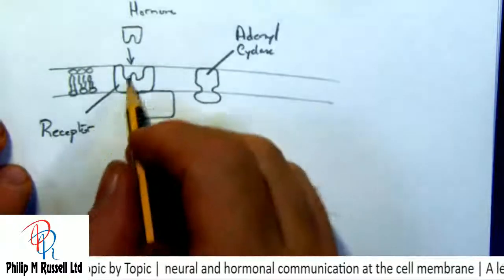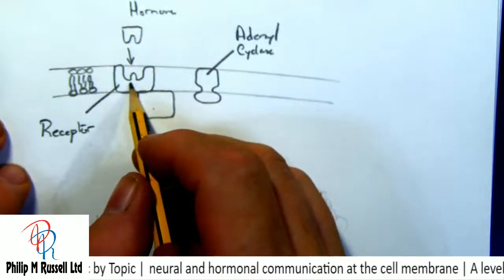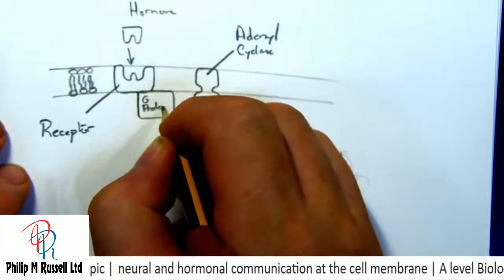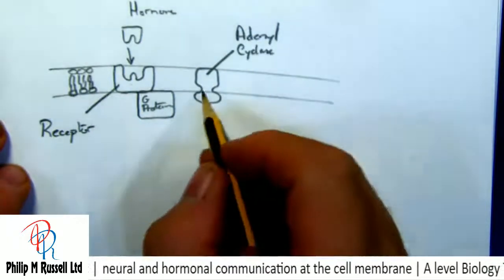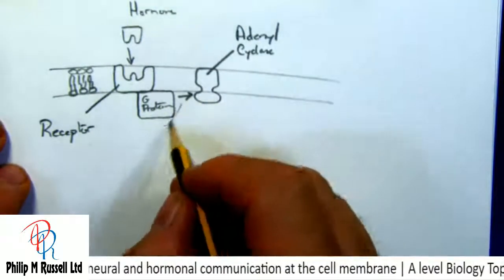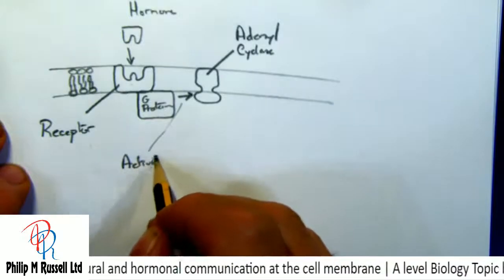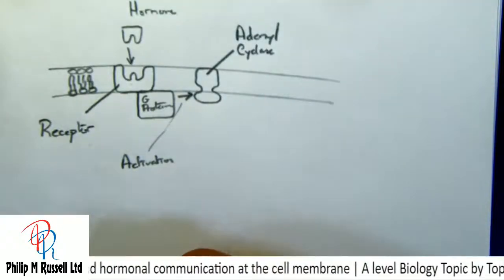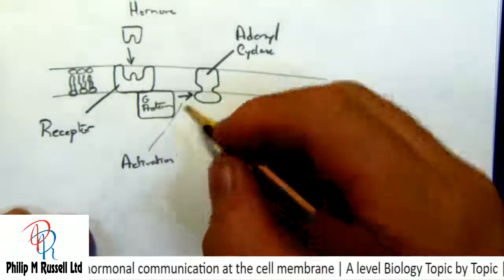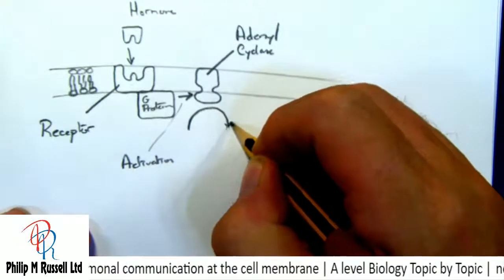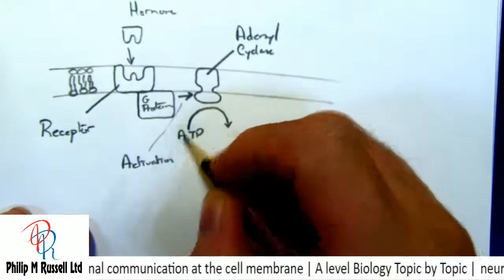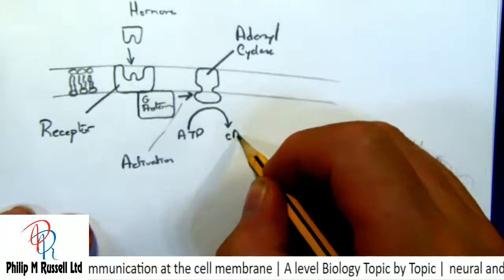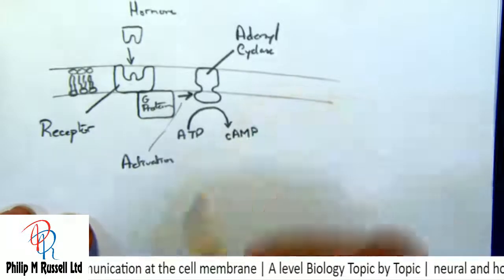Now, when this hormone binds, this protein, which happens to be called a G protein in this case, does some activation of the adenyl cyclase. And what that does is take some ATP and turn this ATP into cyclic AMP.